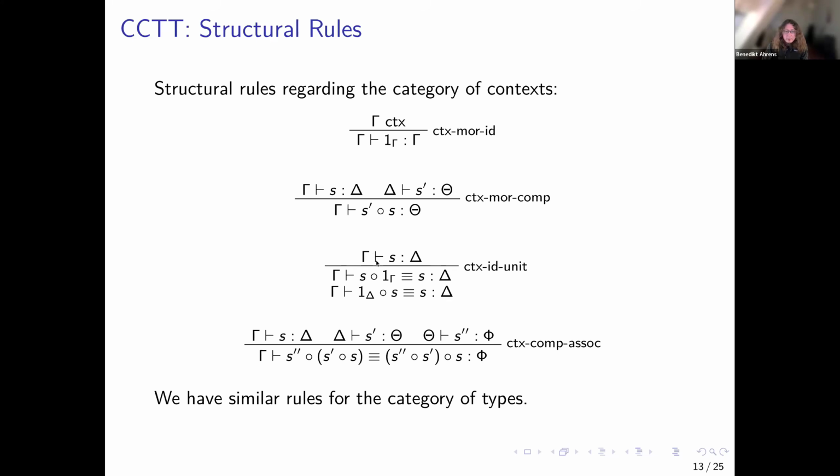We also express equalities between context morphisms: if we compose a context morphism with the 1 on the left and the right, we get the same context morphism, and so on. This here is associativity of composition. We have similar rules for the category of types. I will not go through these rules. It's pretty obvious.